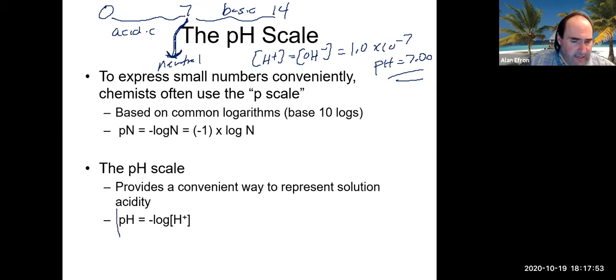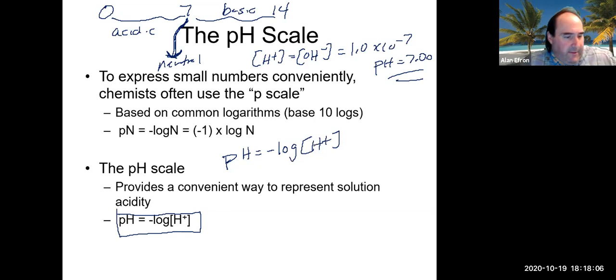To calculate the pH of a solution, we use this equation here. The pH is equal to minus the log of the H plus concentration. Since we're talking about calculators, let's talk about how to properly punch this in. If you have a display calculator, you punch it in exactly the way it is written.